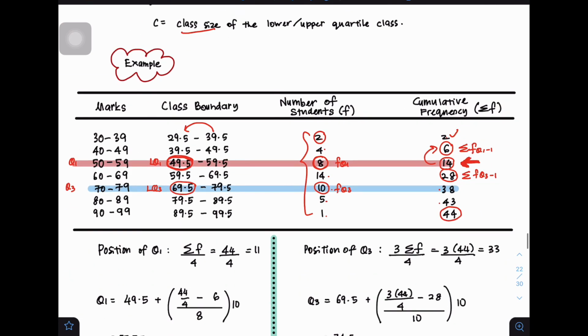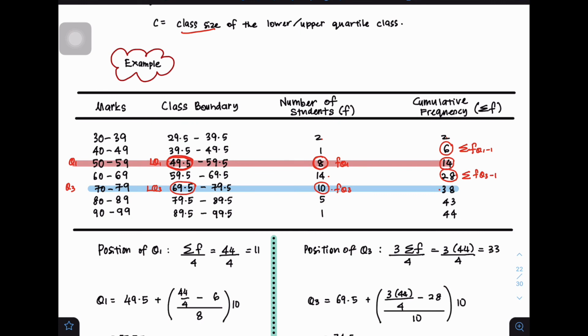Okay, kita dah tengok lower quartile tadi. Sekarang kita nak tengok upper quartile pula.